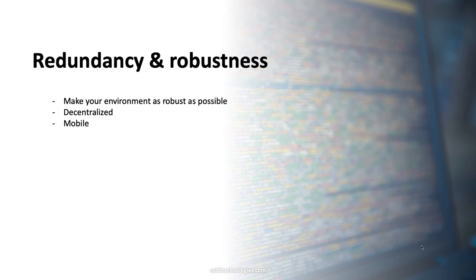So whenever you're thinking about what should be our next move in terms of software or even the infrastructure that makes your network work, always consider going towards a decentralized option because it will make your network stronger.